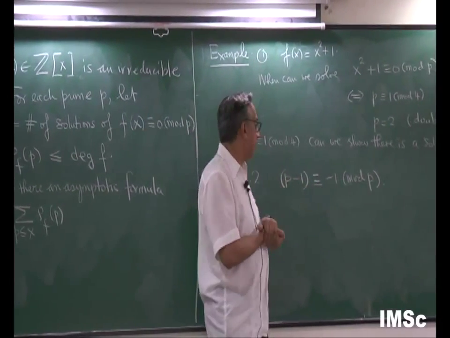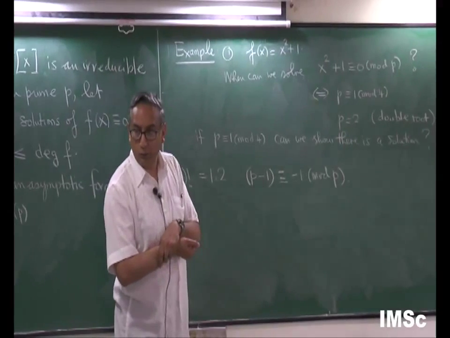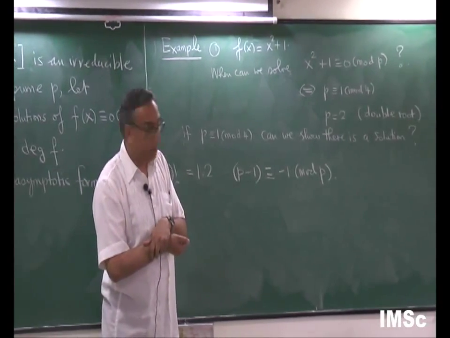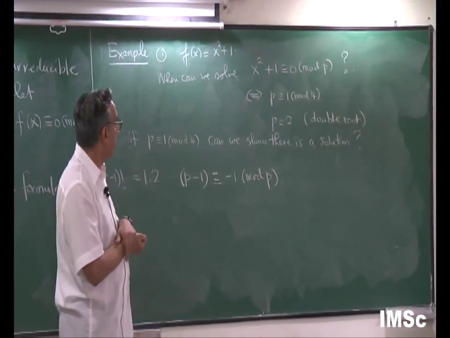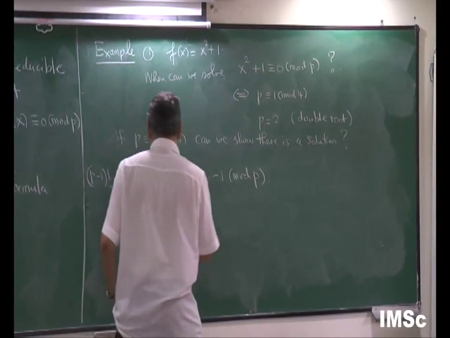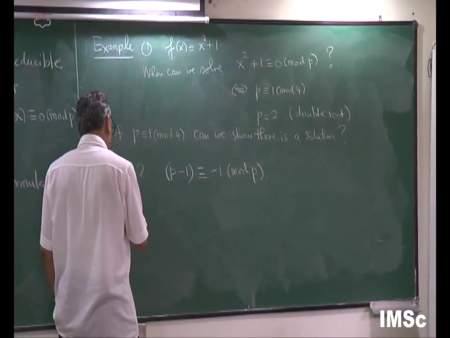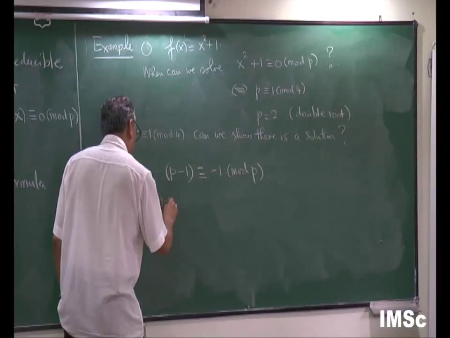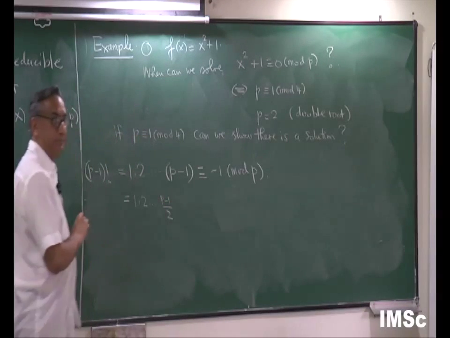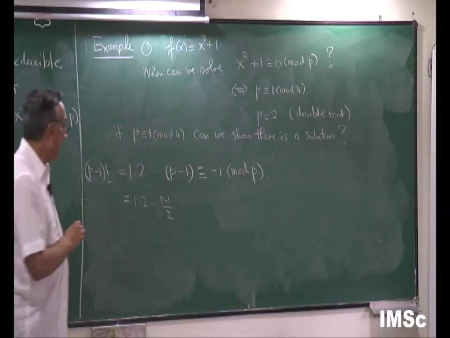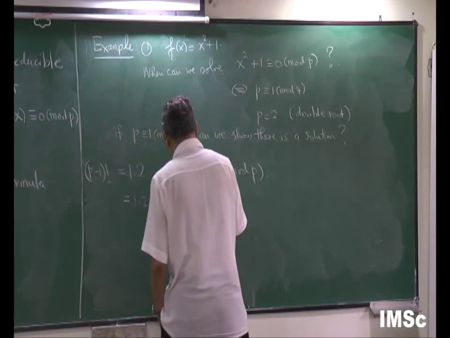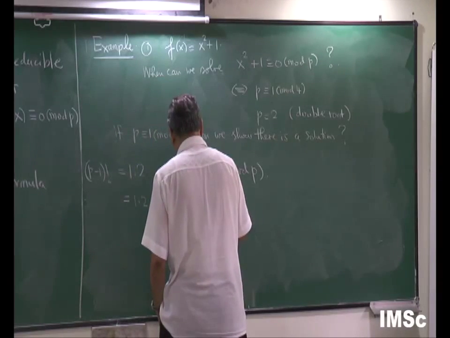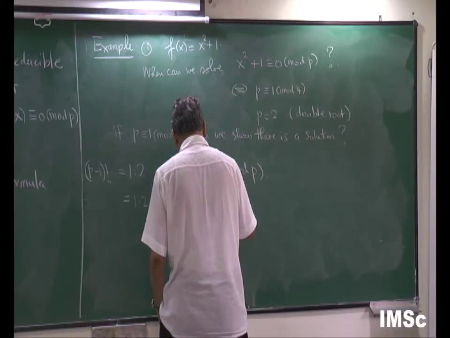Okay? Now this actually can be used to demonstrate that this congruence that we have has a solution. So we can write this as 1, 2, up to p minus 1 over 2. And then the next one is p minus 1 over 2 plus 1.